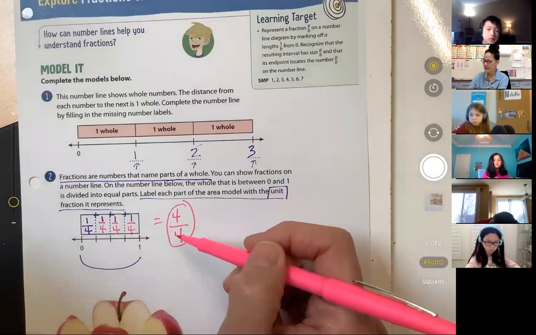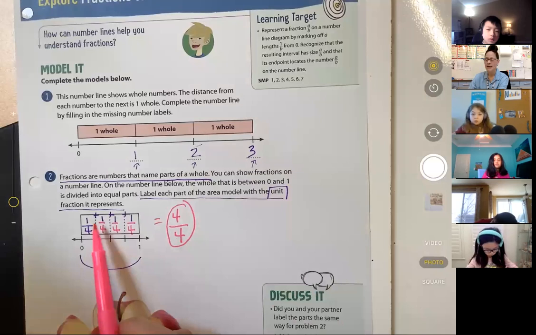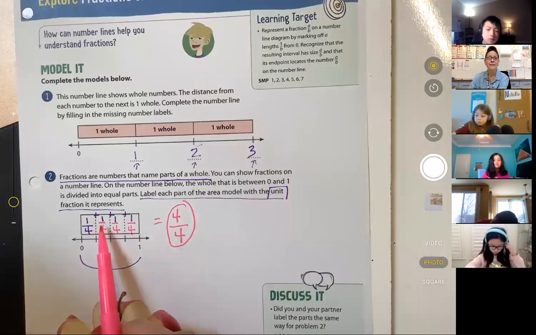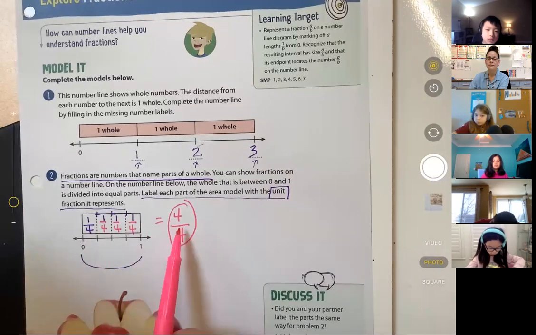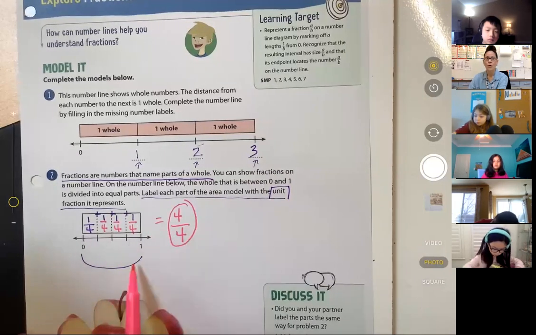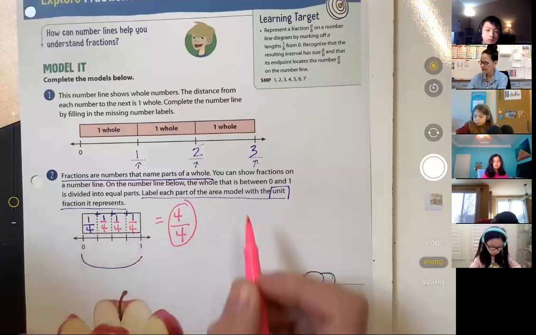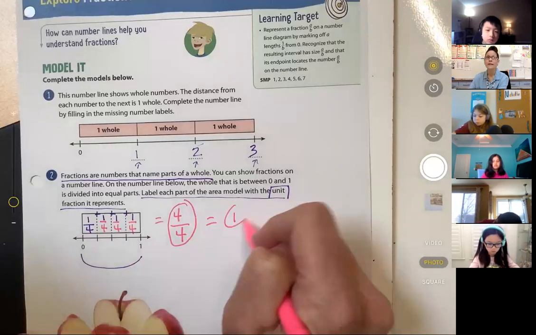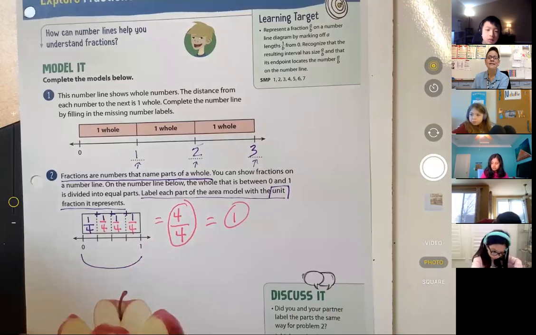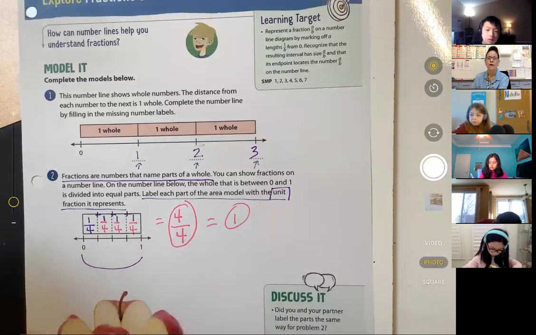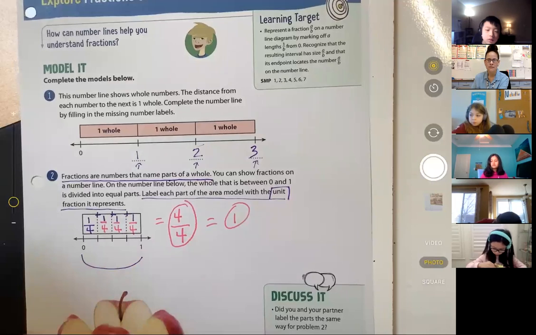I've taken this unit fraction, this piece, and this piece, and this piece, and this piece, and I've added them together. This is the whole. This equals 1. Again, anytime the numerator and the denominator are the same, you are representing 1 whole.